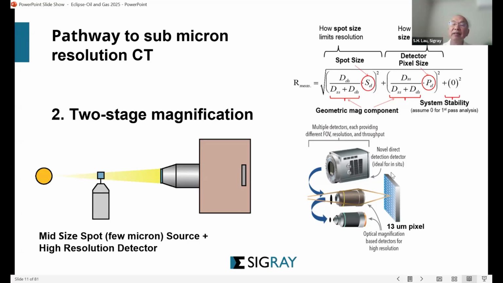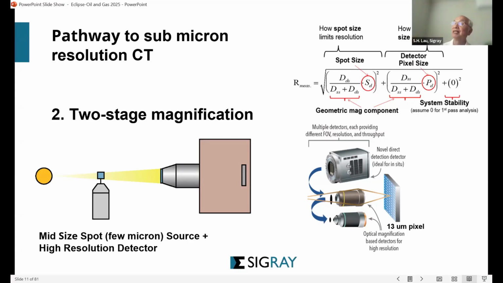We have a detector, and then we put an optical lens, like your visible or optical microscope lens, like your 4x, your 10x, your 20x, right? And then in front of the optical microscope lens, we glue in a scintillator. Why a scintillator? Because the X-ray absorption is going to hit the scintillator like what you see in your TEM.